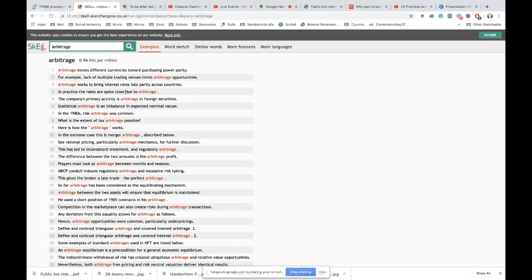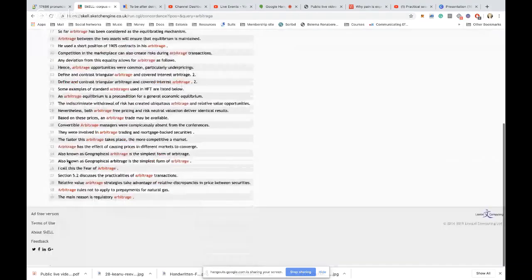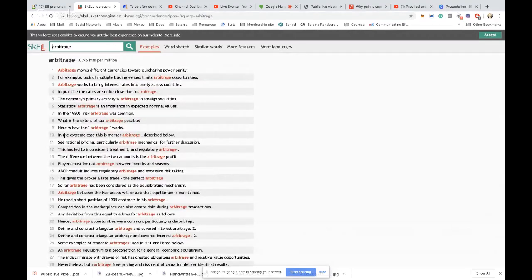For example, arbitrage, by looking at these examples, if you read at least 10, you will understand how it's used in the context, right? The company's primary activity is arbitrage in foreign securities. It's probably different from what you imagine arbitrage means, right? Or arbitrage moves different currencies toward purchasing power parity.